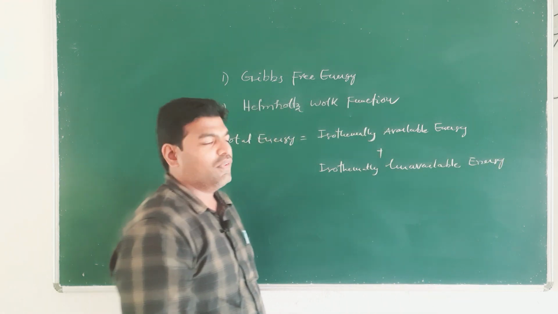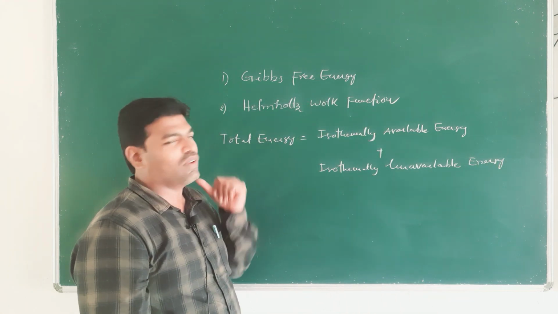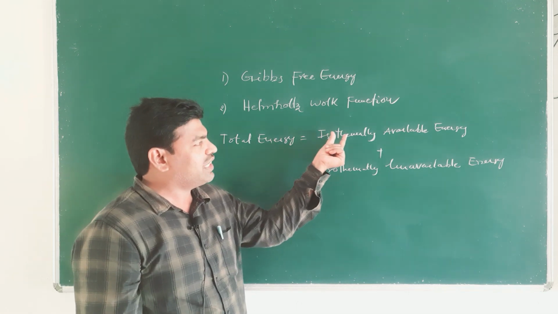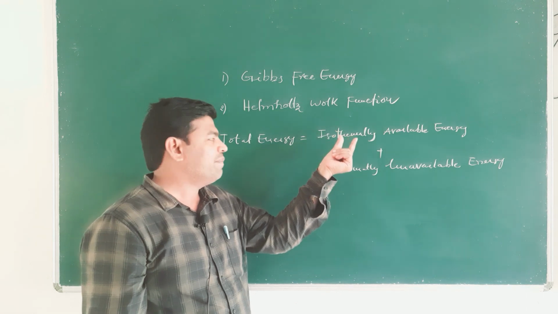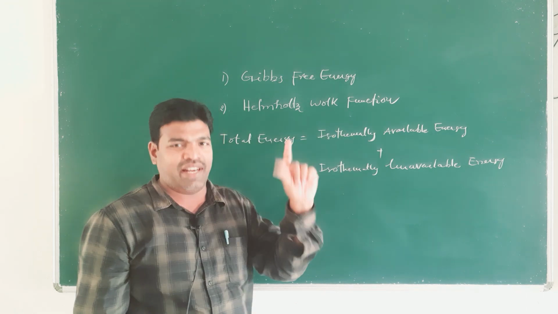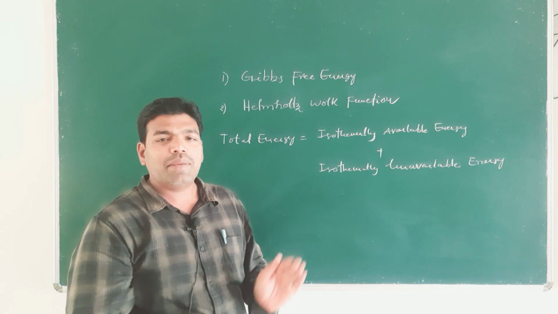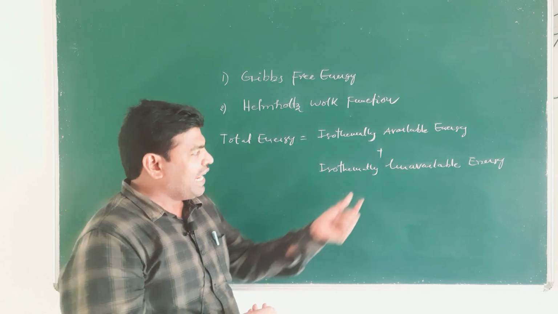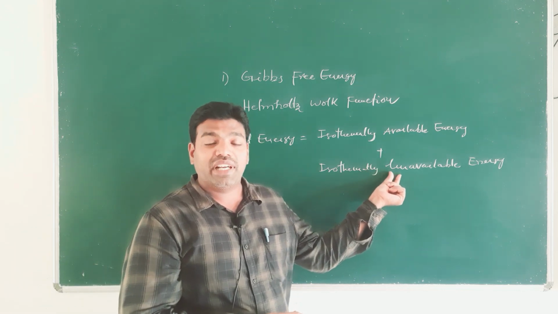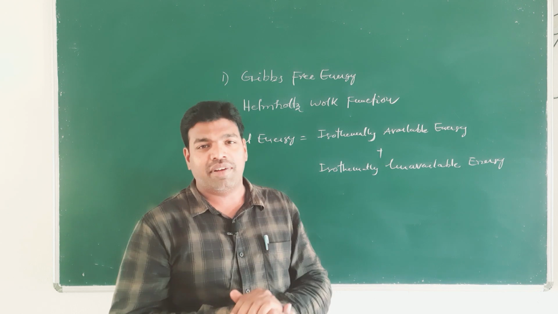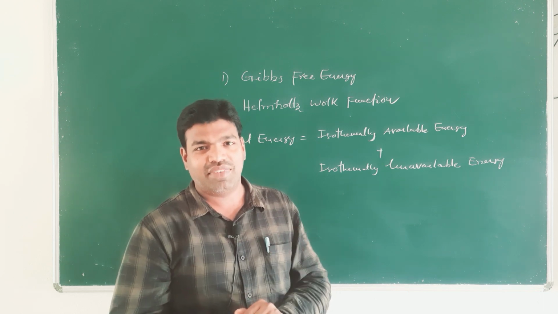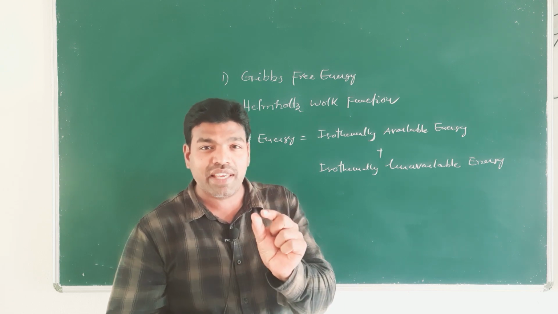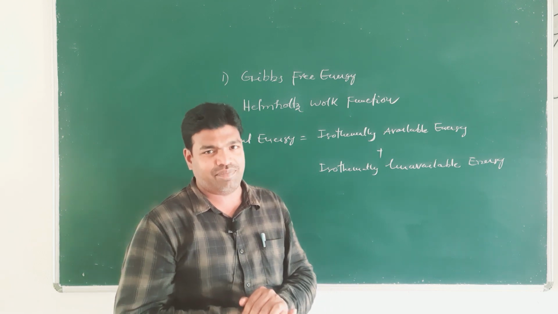Therefore, total energy is the sum of isothermally available energy and isothermally unavailable energy. From the previous classes, we came to know that entropy is a measure of unavailable energy.